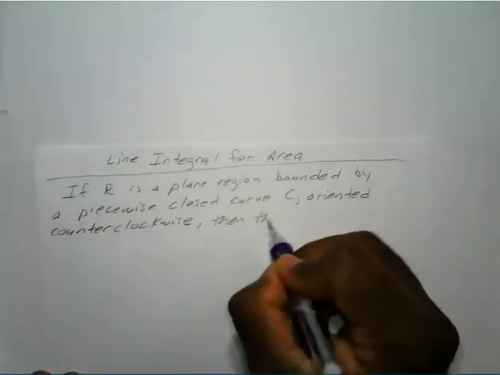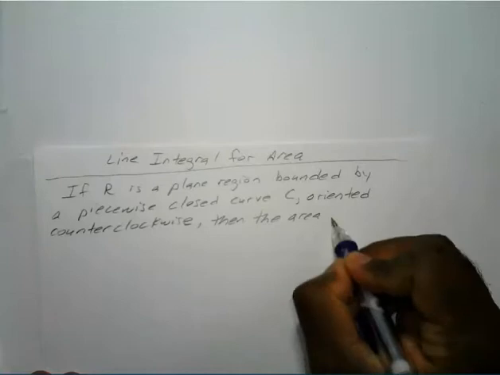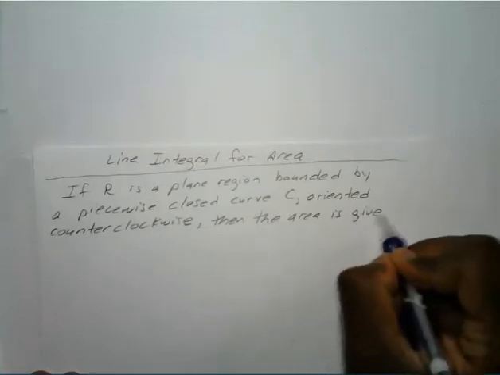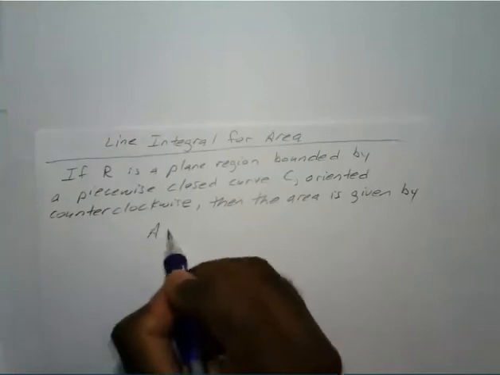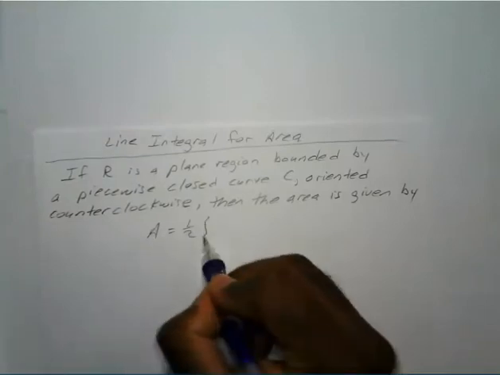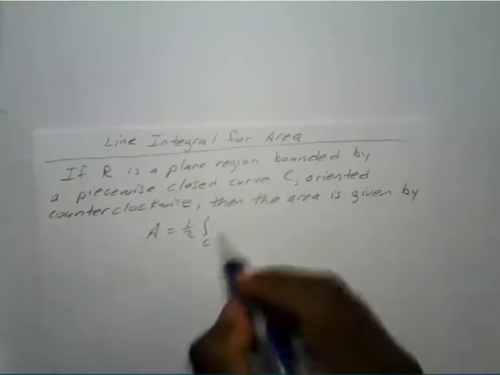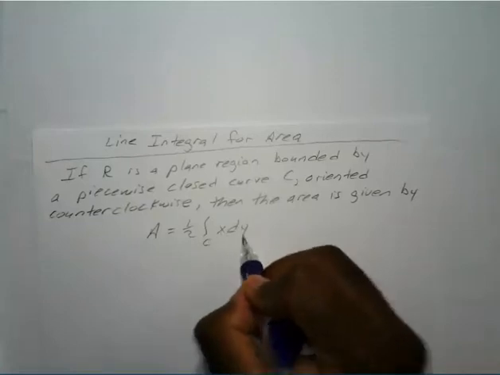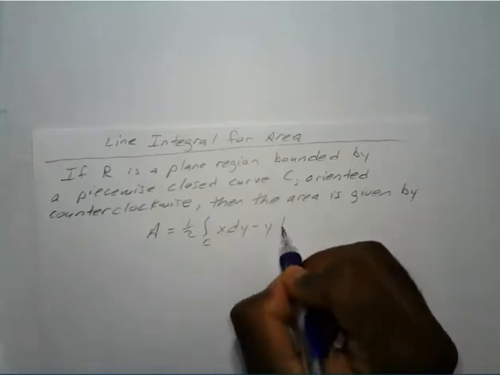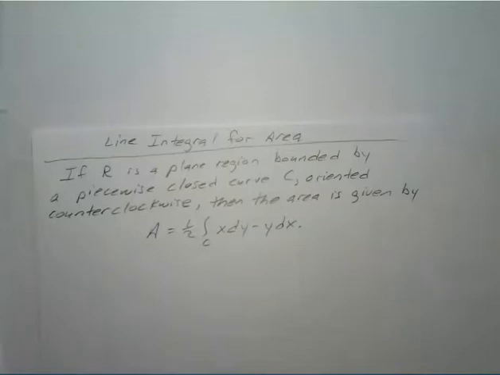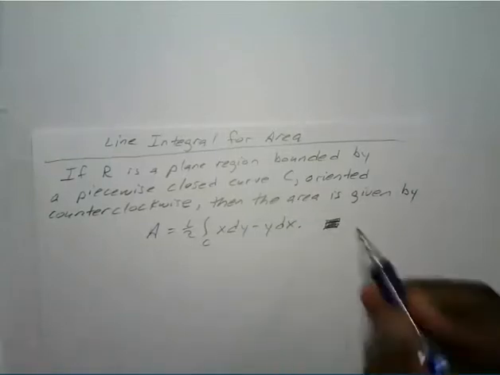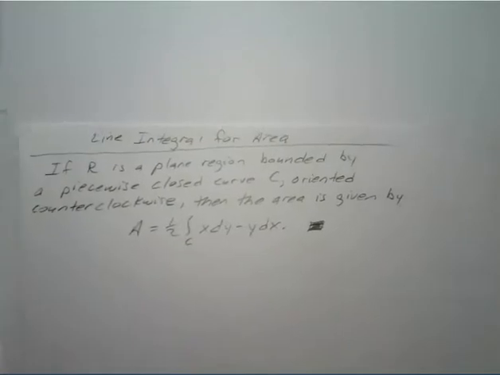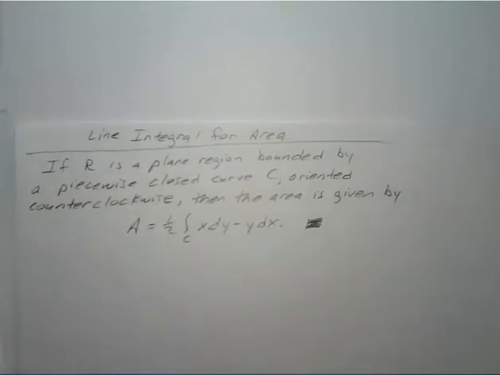Then the area is given by: the area is equal to 1/2 times the line integral of x dy minus y dx. Okay, which is pretty straightforward.